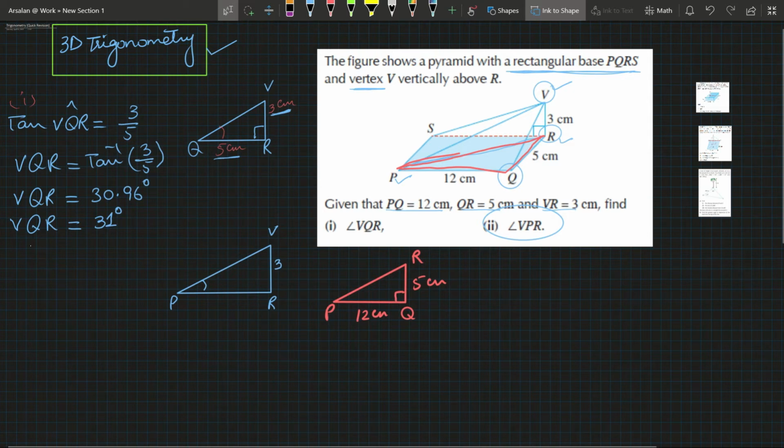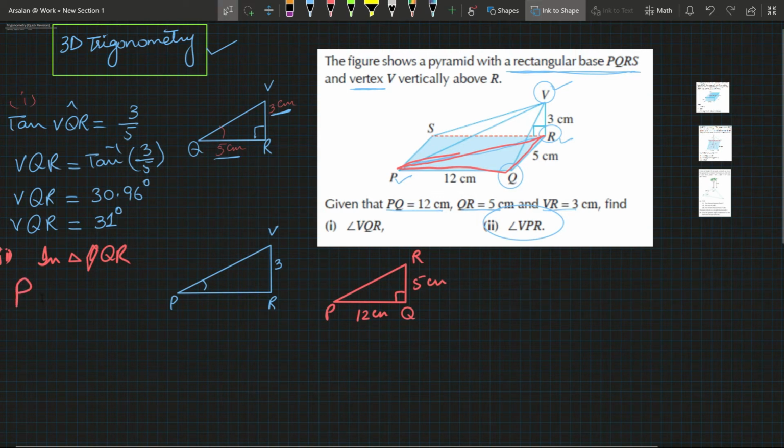In triangle PQR, this is our second part, we are applying Pythagoras theorem.